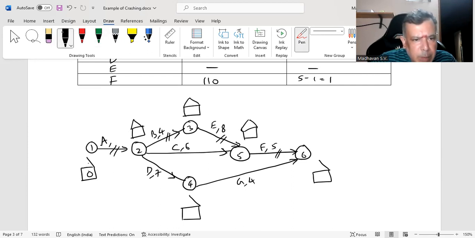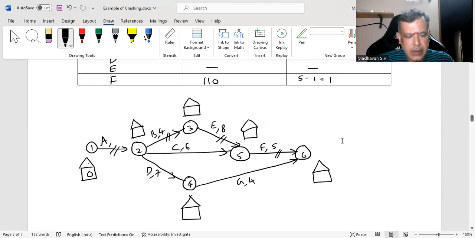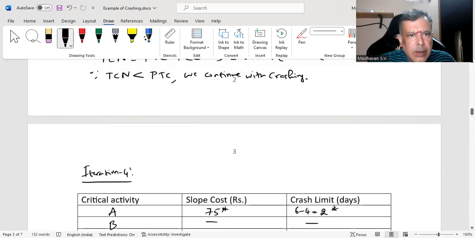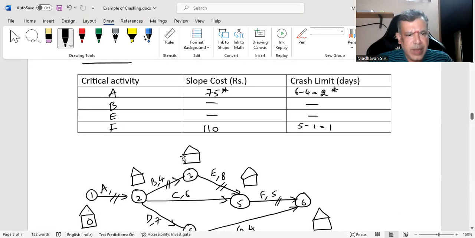Okay, now let me draw this, whatever is missed now. So activity A, we decided to crash it by 2 days, right? So we can think about activity A earlier, how many days it was? It was having 6 days. We are planning to reduce it by 2 days. That means I will make it 4.